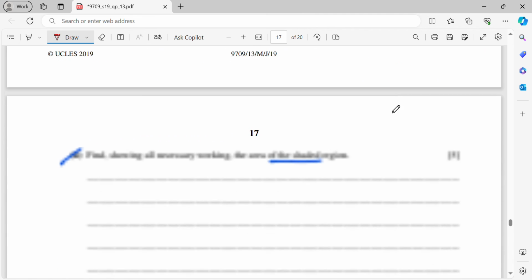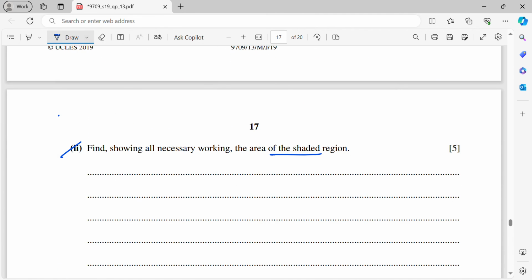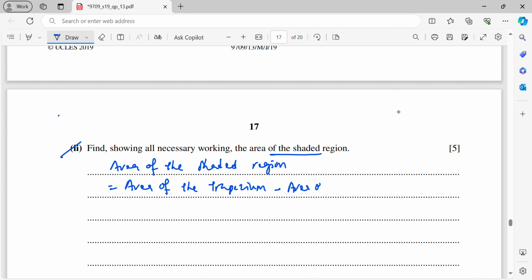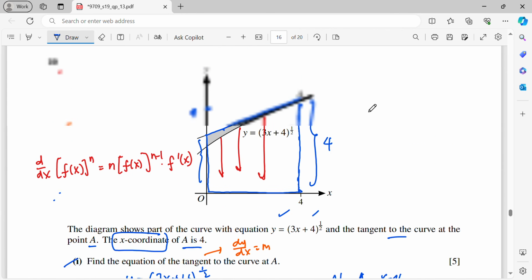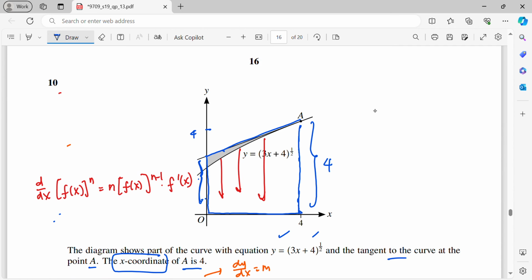Okay, so now I will write here: area of the shaded region equals area of the trapezium minus area under the curve. Right, so as I mentioned just now, we need to find out what this is.